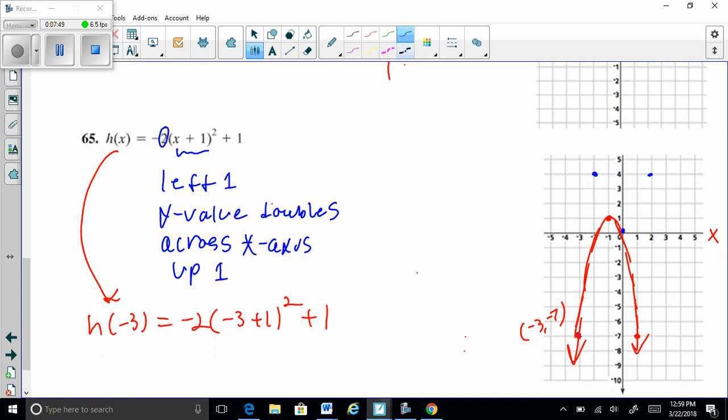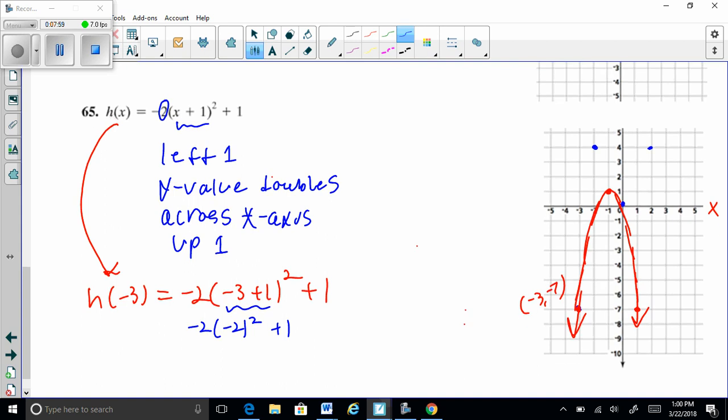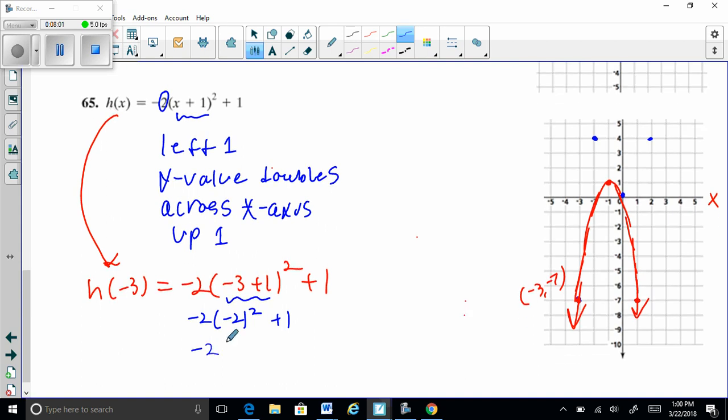So we end up with -2 times (-2) squared plus 1. This becomes -2 times 4 plus 1, so that becomes -8 plus 1, which is -7, like it's supposed to be.